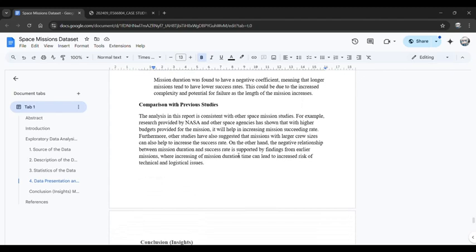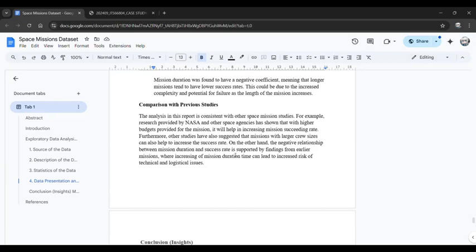Lastly, we'll talk about the comparison with previous studies. The analysis in our report is consistent with other space mission studies, for example, research provided by NASA and other space agencies like SpaceX. They have also shown that a higher budget provided for the mission helps to increase the mission success rate.